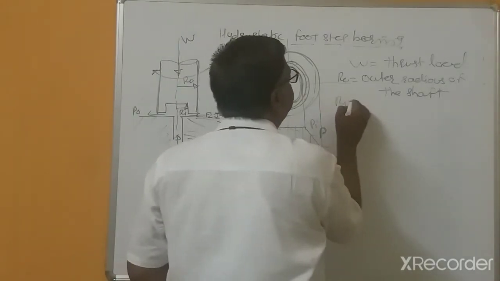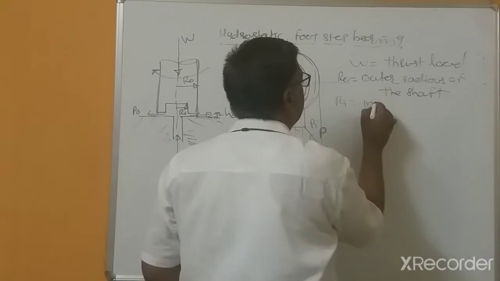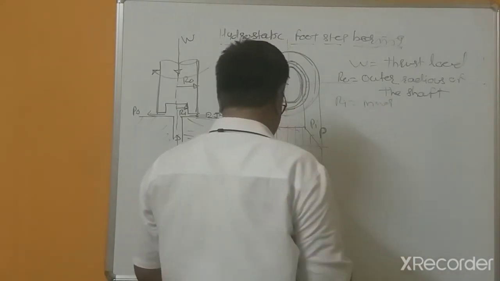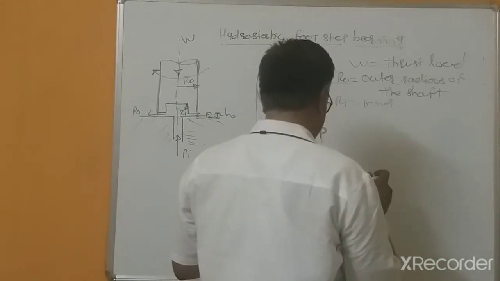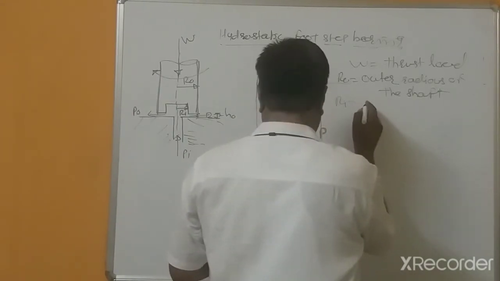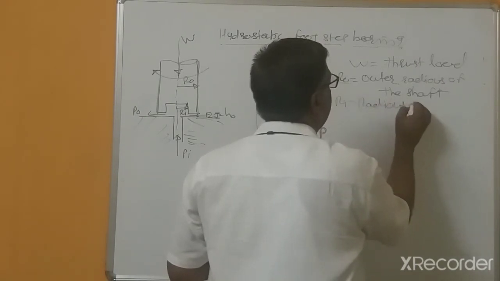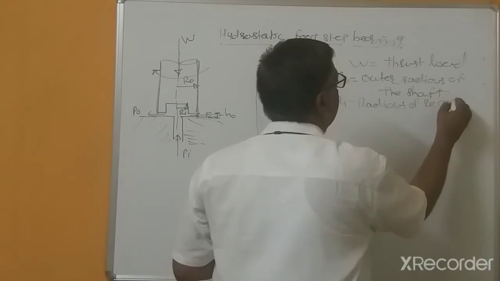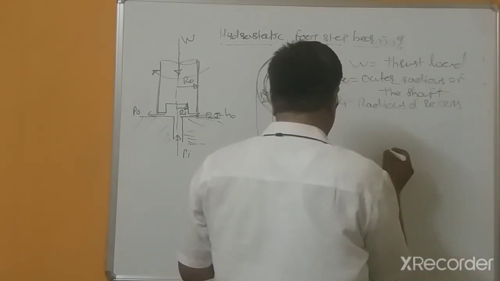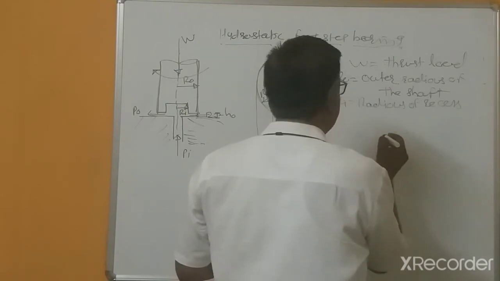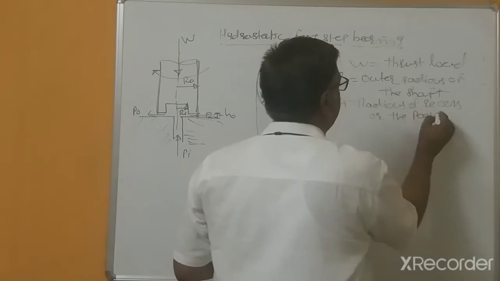RI is the inner radius, or radius of the races, or the pocket.